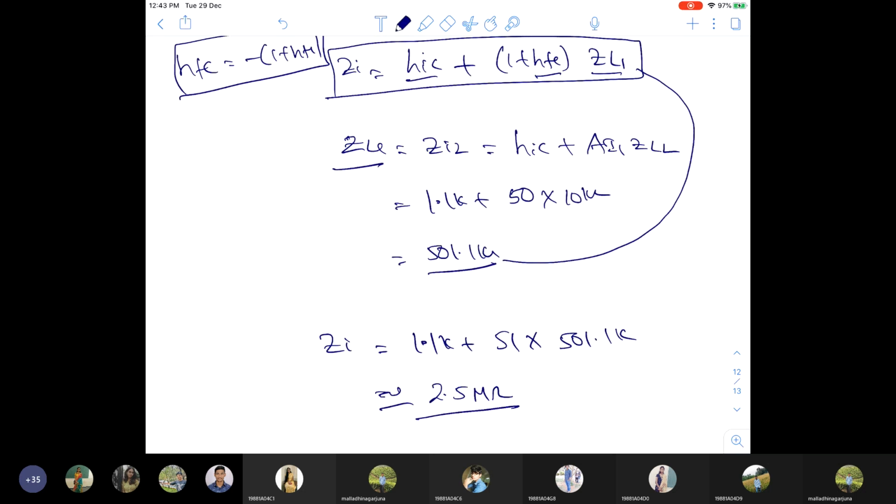So we'll get 2.55 mega ohm. This is the highest input impedance.